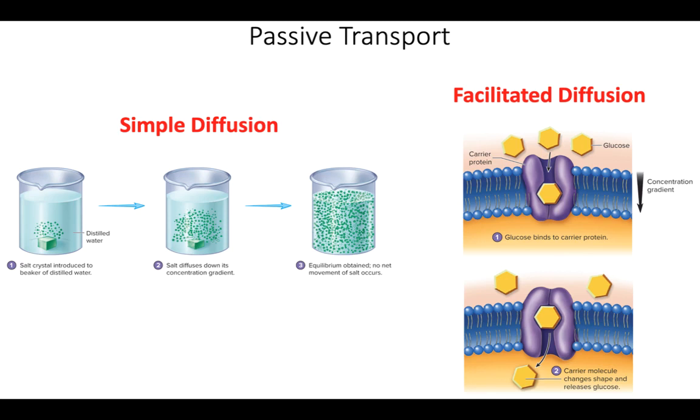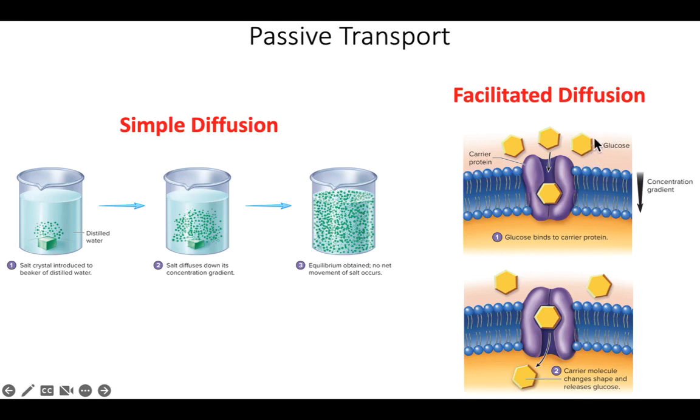All right. Another example of facilitated diffusion is how we bring glucose into cells. So glucose is that really important carbohydrate that cells use for energy. Well, how do cells bring it inside? It's water soluble. It's polar. So glucose cannot go through that membrane.